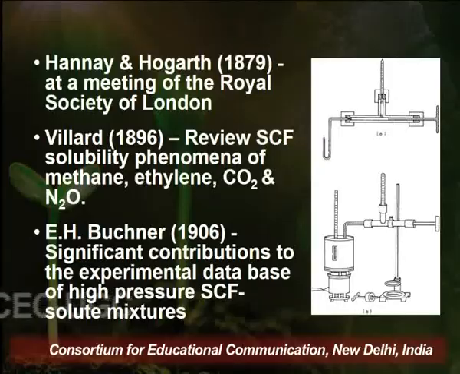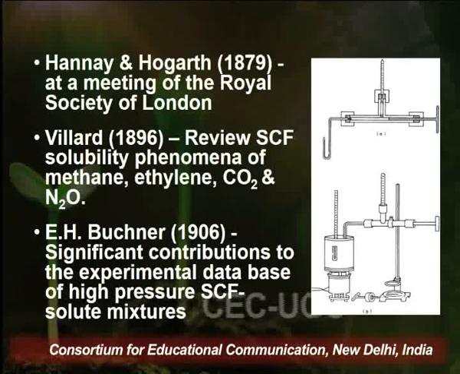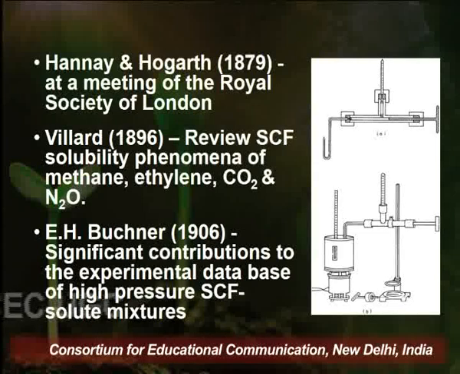Now, following the experiment of Dr. Andrews, in 1879 Hannay and Hogarth again performed an experiment wherein they used a narrow glass tube, and you can see the image of the glass tube in the picture, which is image A, and B represents the whole setup of that experiment. They took different inorganic salts and ethanol as a solvent.